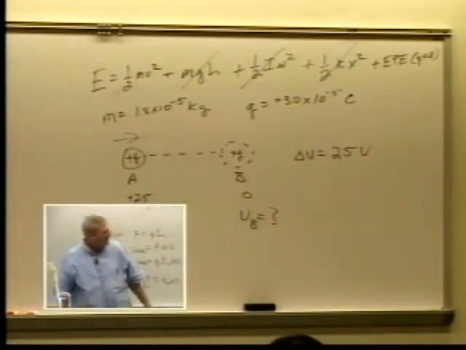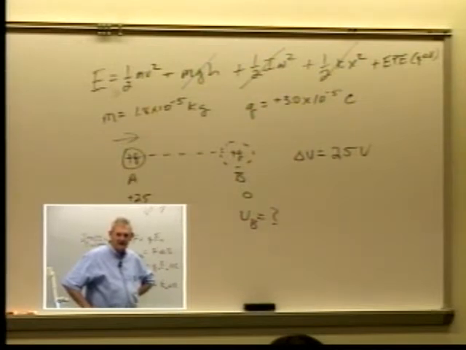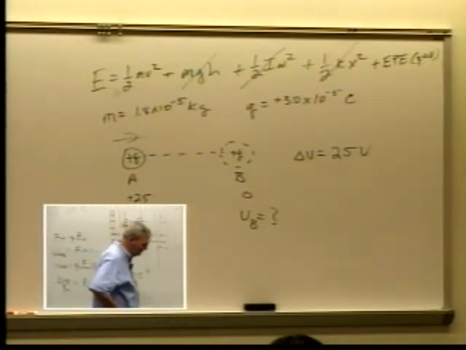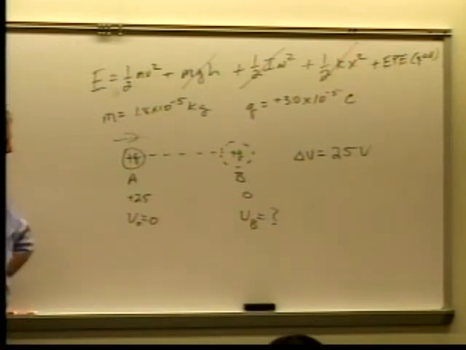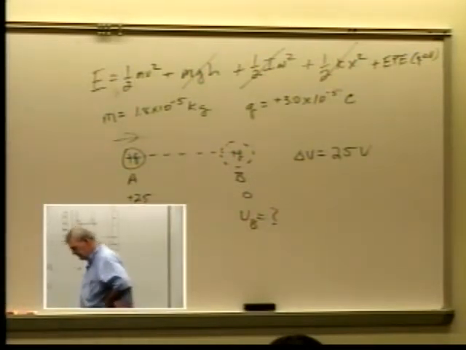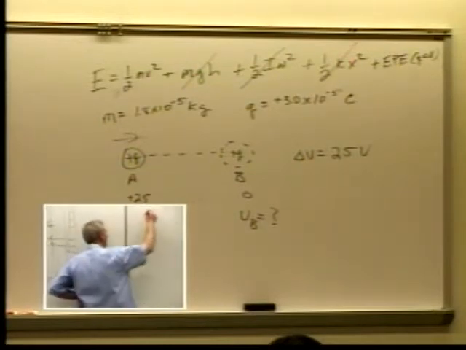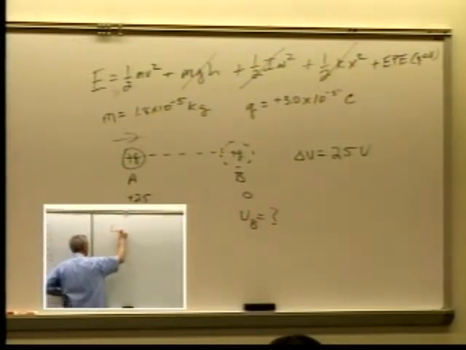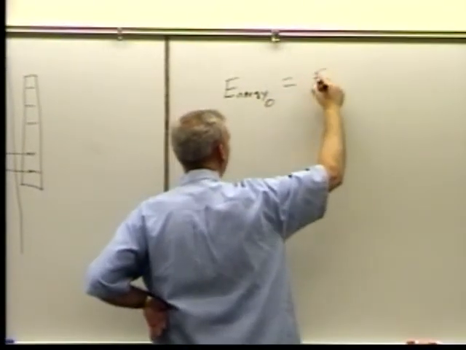Is that a conservative or non-conservative force? It's a conservative force, a nice conservative force. So therefore, since things are conserved, the energy at the beginning equals the energy at the end.